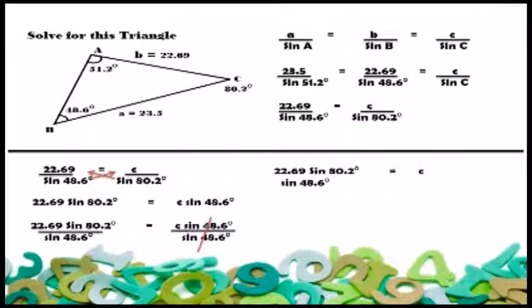So side c is equal to 22.69 sine 80.2 degrees over sine 48.6, and you will get 29.81, which is our side c.